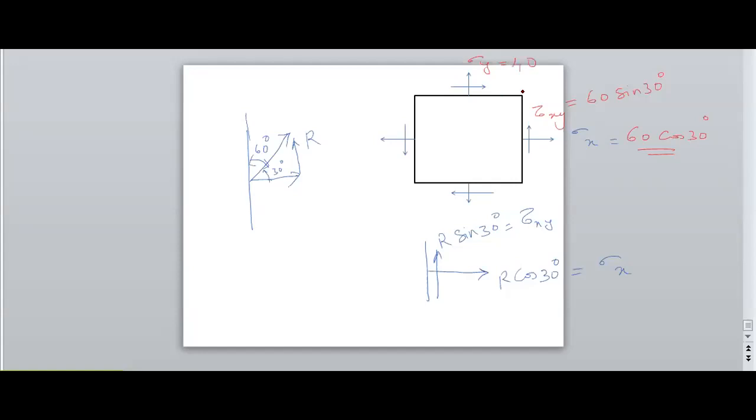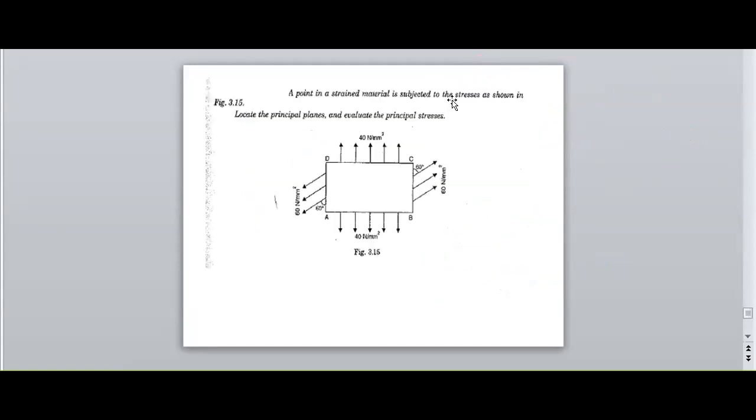Therefore, we know that complementary shear stresses will be developed on all the faces. So the problem now becomes a standard problem. But if you see the problem, he is not giving the angle theta.